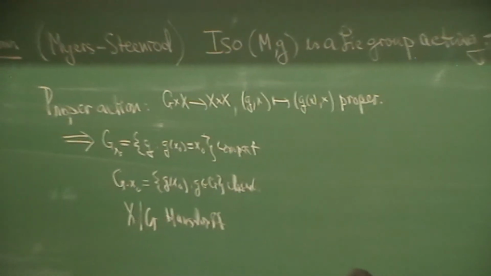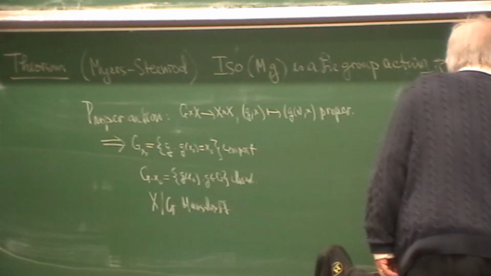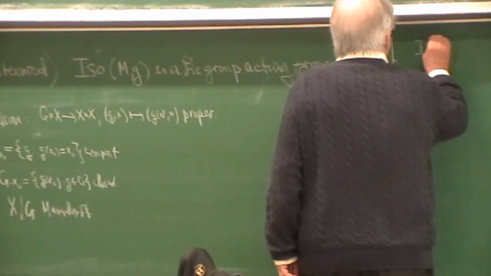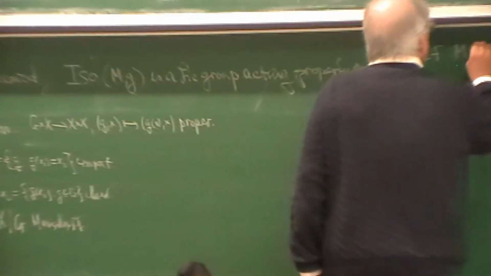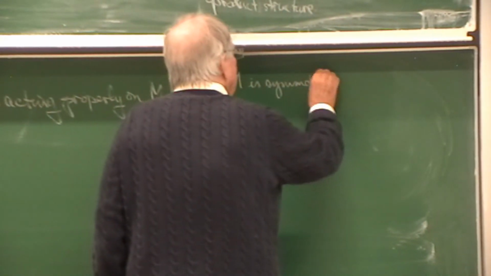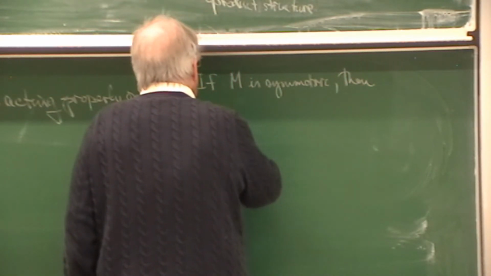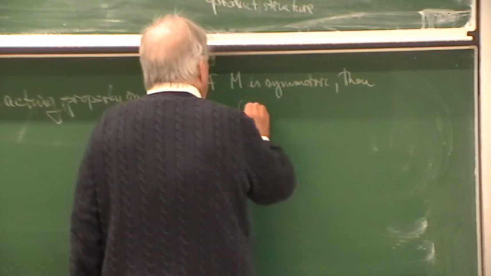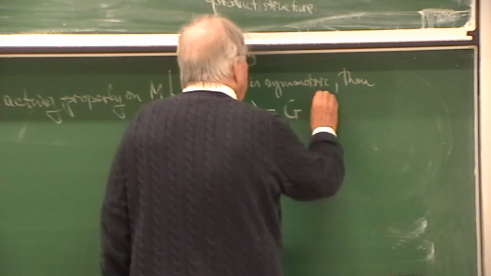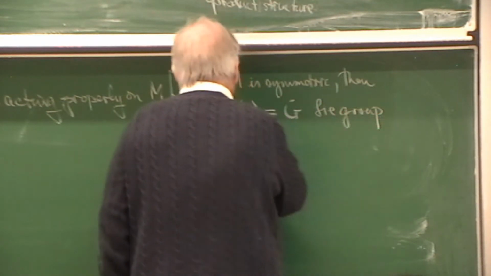So we have, in this case, a wonderful situation: if M is globally symmetric, then the isometry group of M, which we call G, is a Lie group acting transitively.